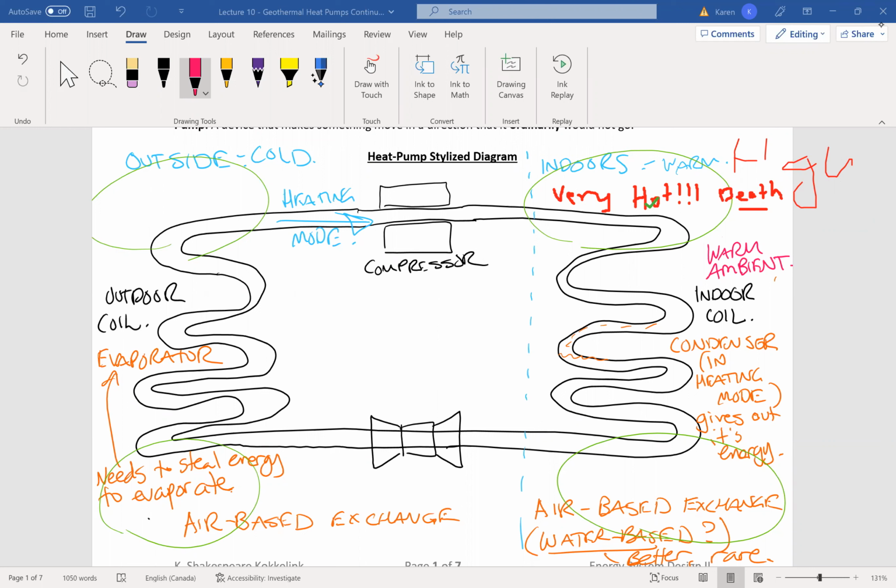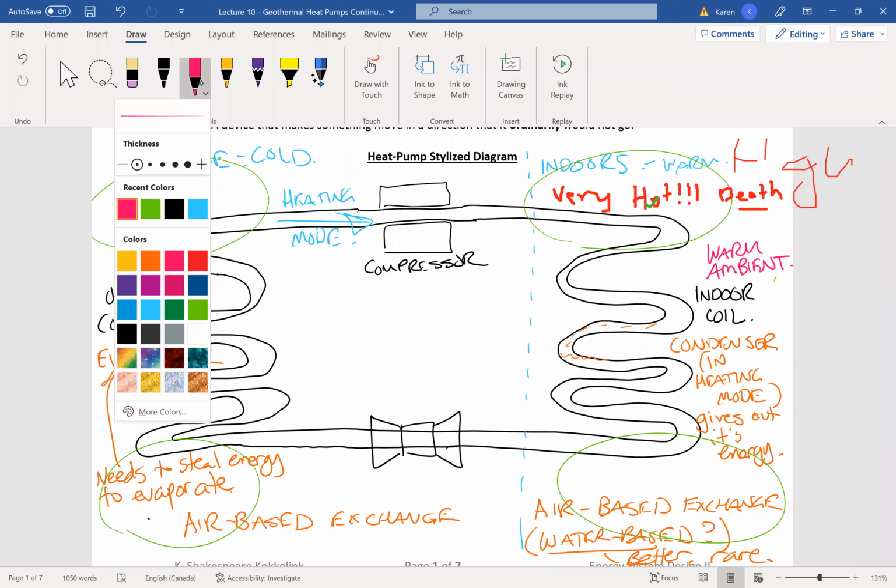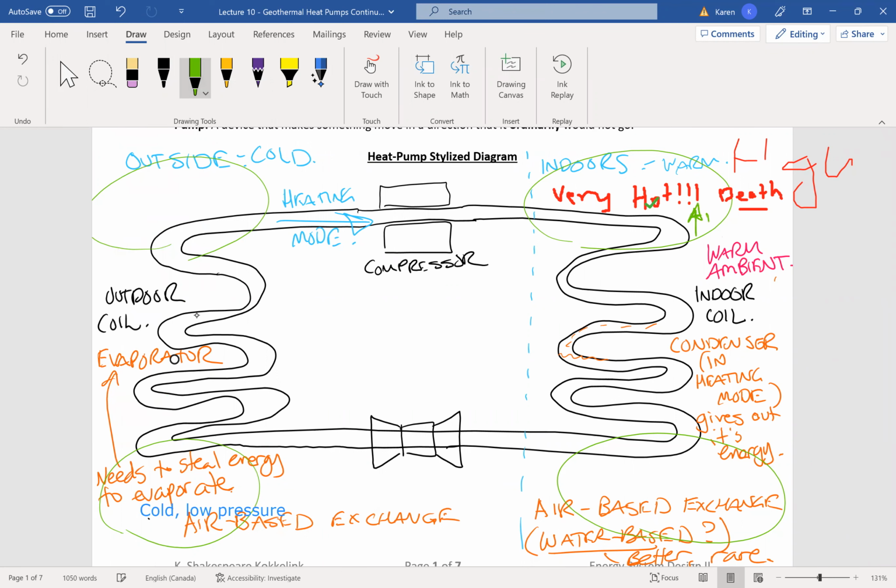Yes, okay, high pressure. I'm going to rewrite that. So that's going to be the highest pressure, right? Because it just came out of a compressor, and the compressor's job is to make really high pressure. Everybody try some different corners. Try to race me, okay?